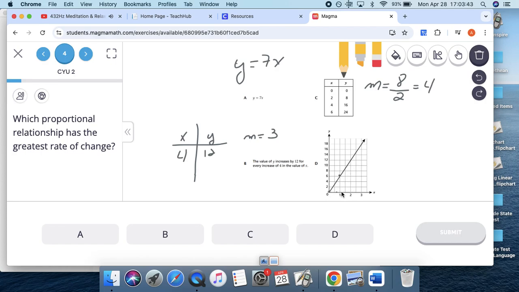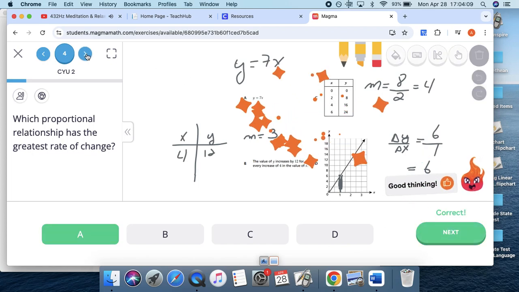Slope is the change in y values over change in x values, right? So let's count this. The difference in y values going up and down is from 0 to 6, and in x it's just 1. So it ends up being 6. So the greatest of all of them is letter A. Yay, we are correct again.